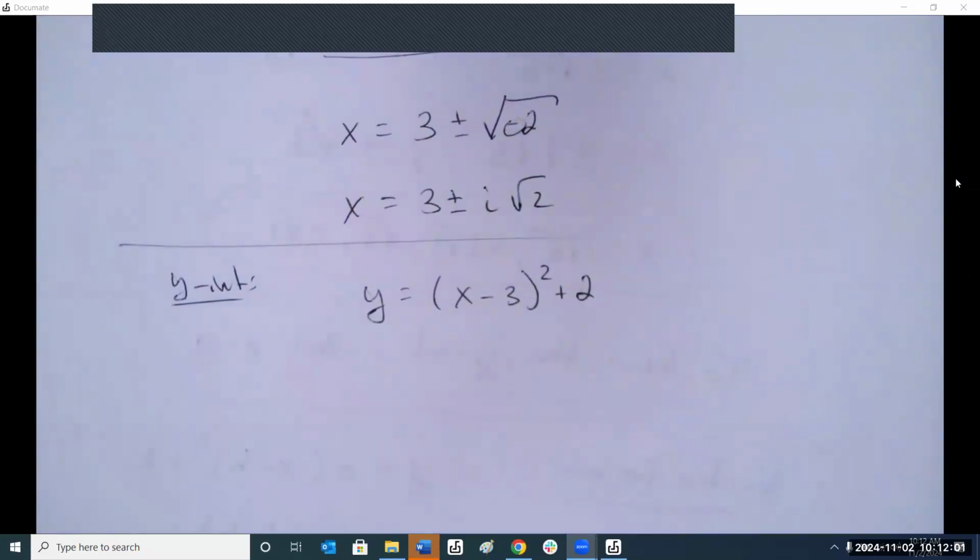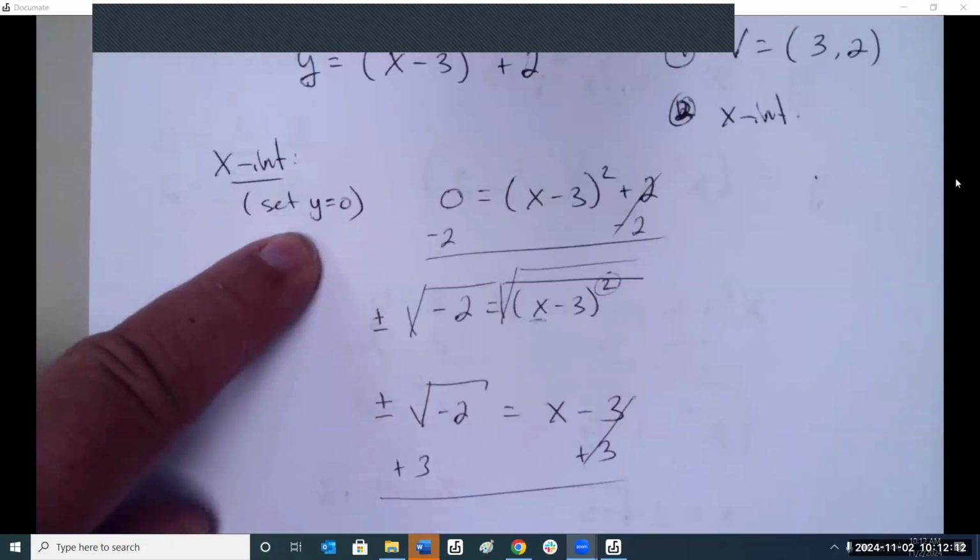How do we find the y-intercept? Look, when we found the x-intercept, we got rid of the y's, right?